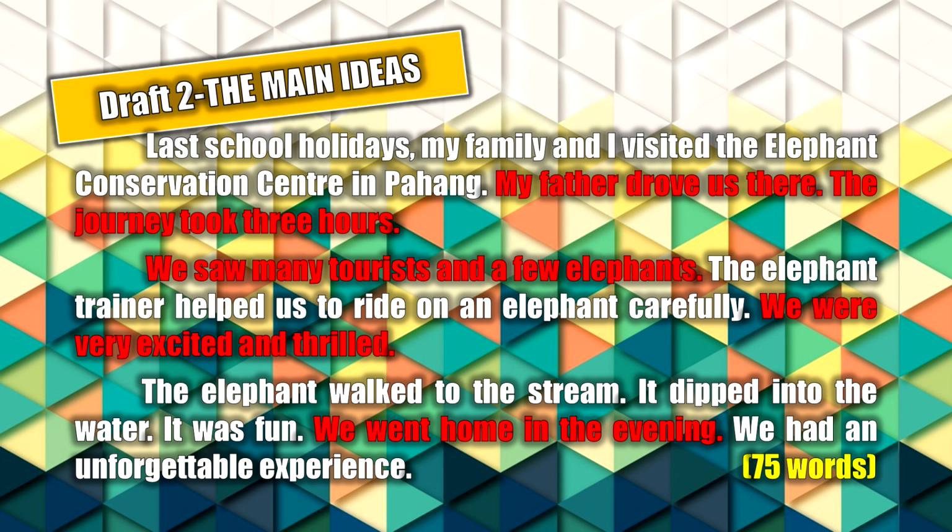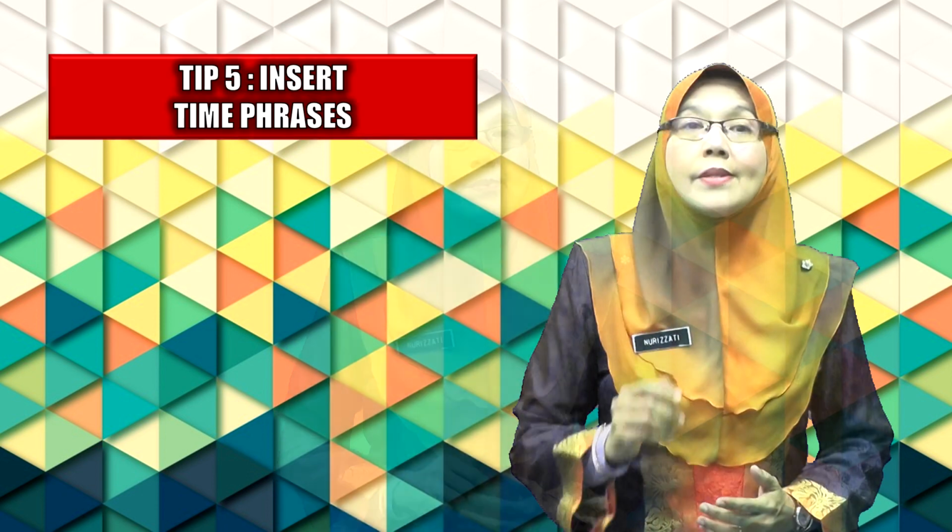Now, your word count is only 75 words. Remember, your story should be between 80 and 100 words. To make your story more creative and interesting, we go to tip number 5. Insert.